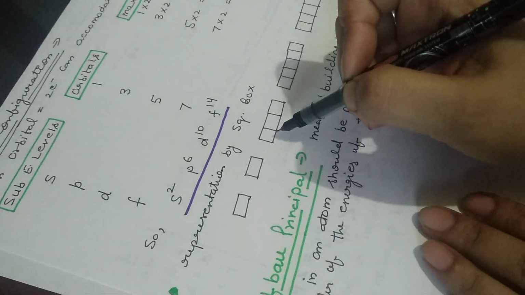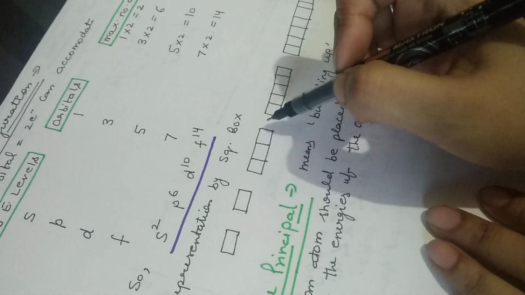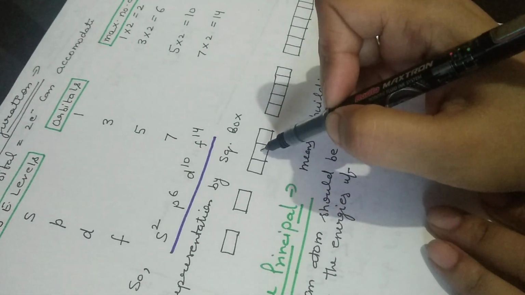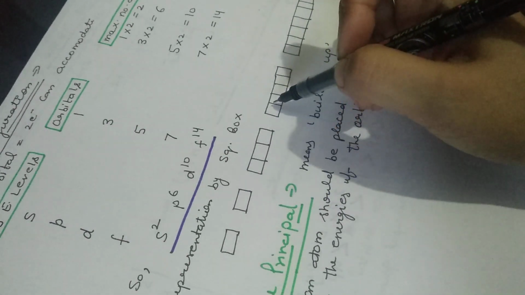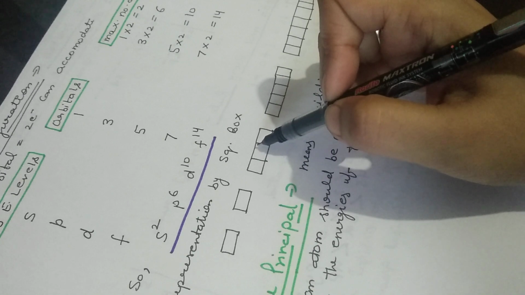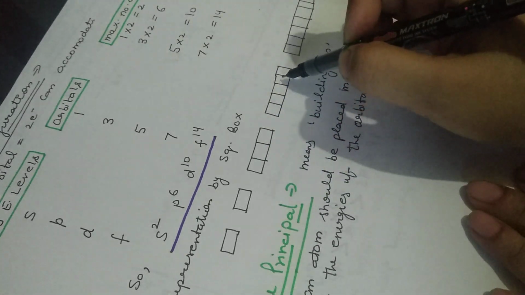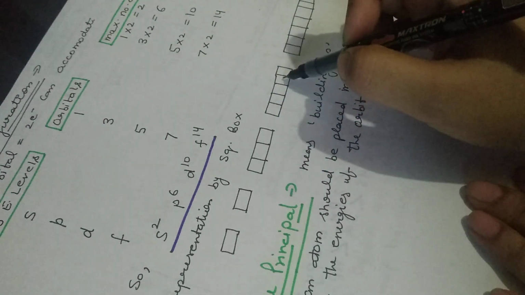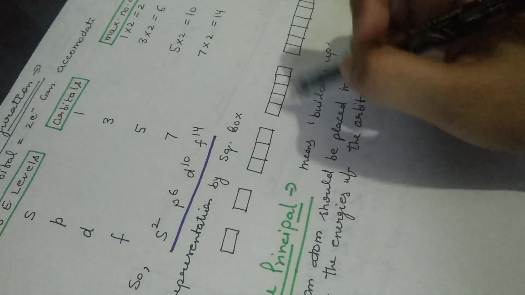It means these are degenerate orbitals. Now here we have a gap between this orbital and this orbital. It means the energy of the next orbital is greater than that of the first orbital. But here we have 5 orbitals, so there is no gap in between. It means these are degenerate orbitals, and so on.